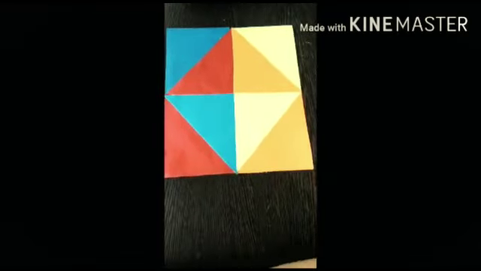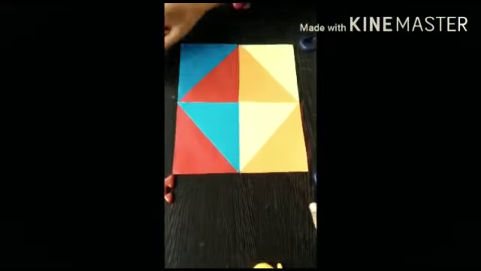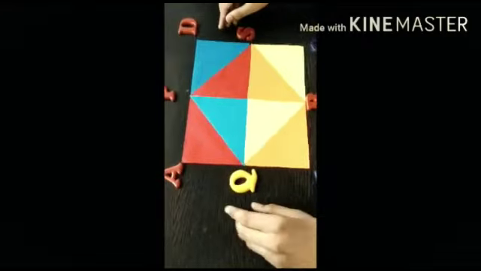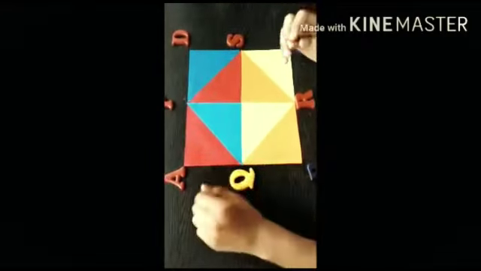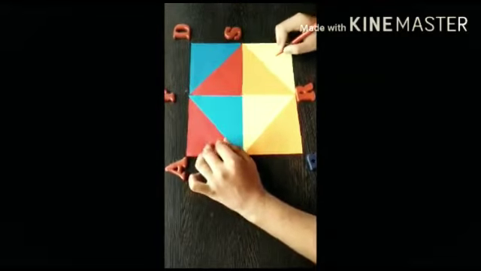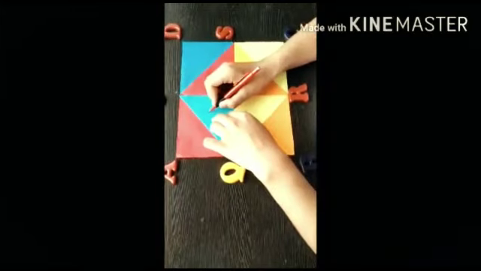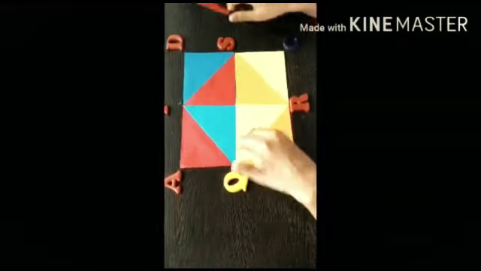Now we will label it A, B, C and D and P, Q, R and S. And we label these triangles as 1, 2, 3 and 4, then 5, 6, 7 and 8.